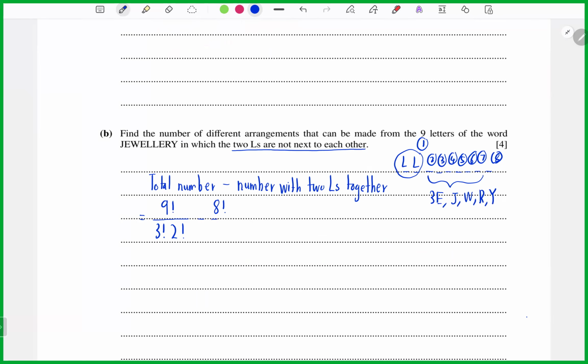So you take 8 factorial divided by 3 factorial. Why 3 factorial? Because of the E's. And then you can use your calculator to find the final answer.